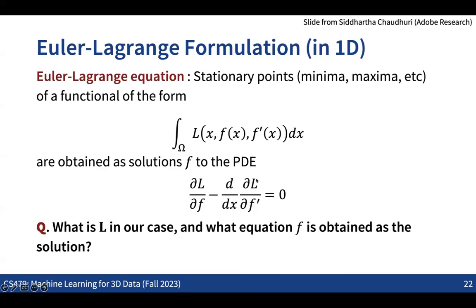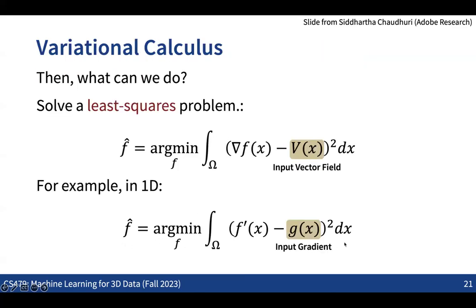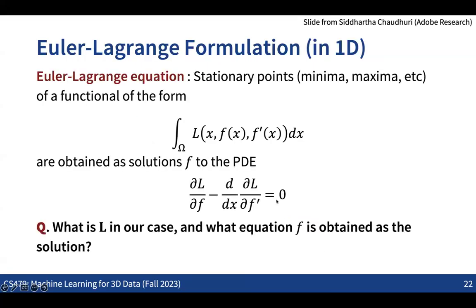So let's quickly try to do this. Try to define the function L here, which is minimizing this least squares formulation. And based on that, let's plug this L into this PDE formulation and see what equation the function f obtained as the solution of this PDE satisfies.